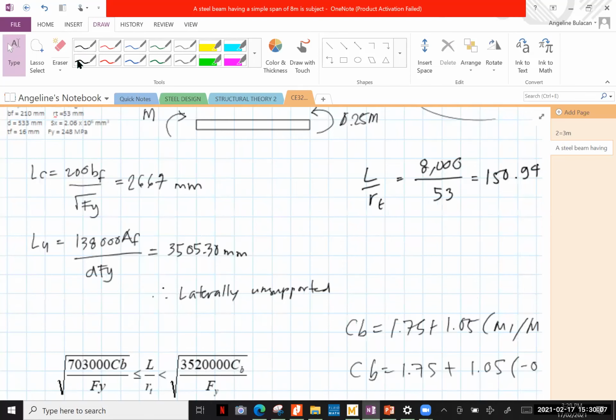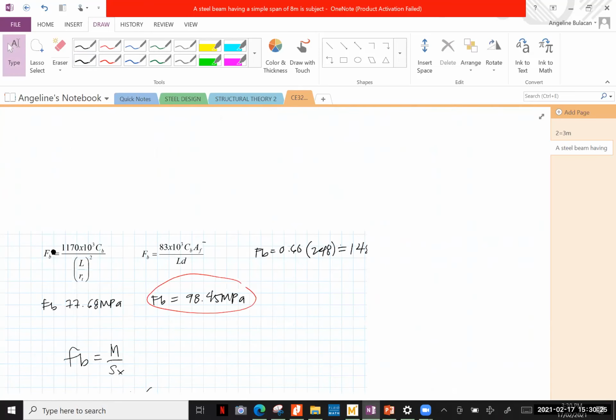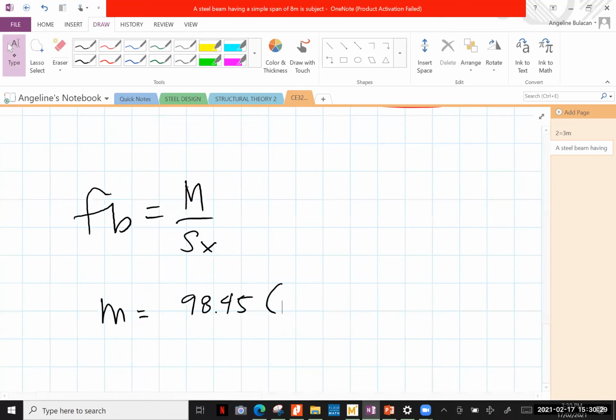So, M. Ang moment natin equal to FB 98.45 multiplied by SX. Sorry, nakalimutan ko agad. Ano na yun? 2.06 times 10 raised to 6.